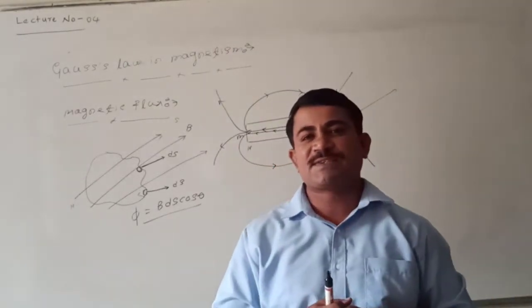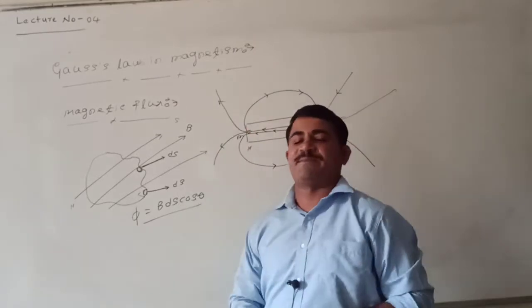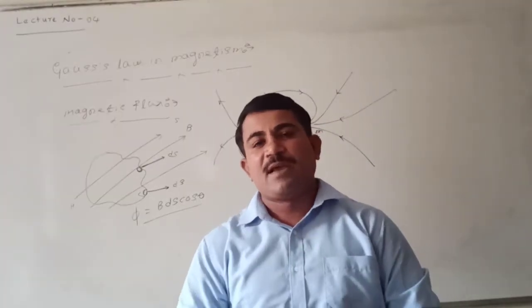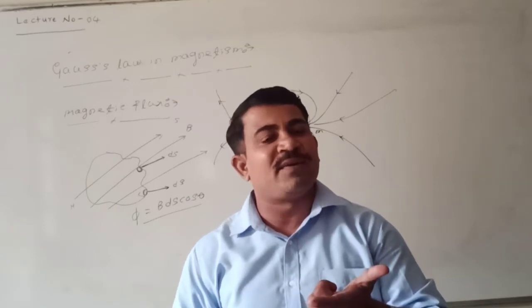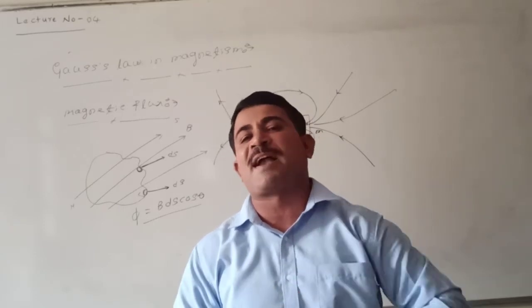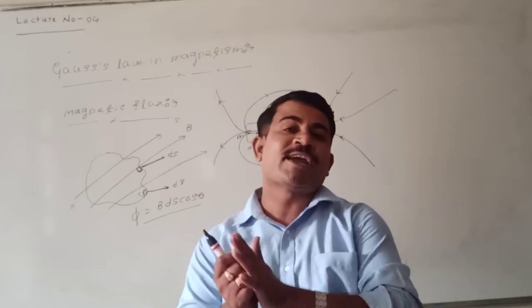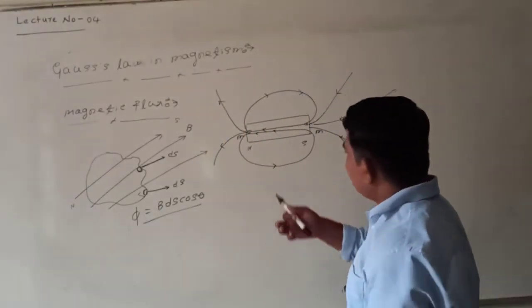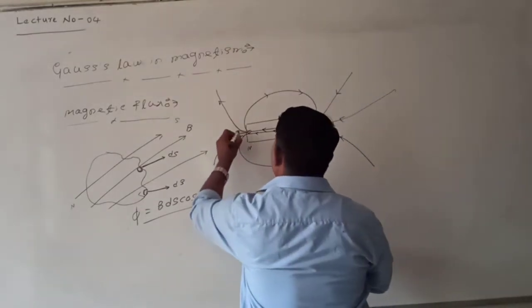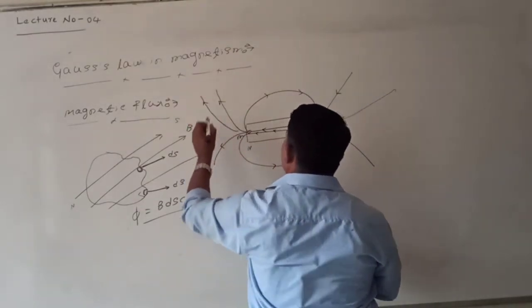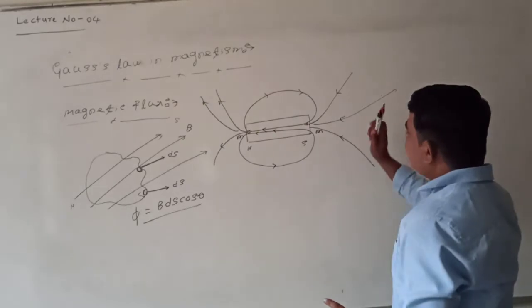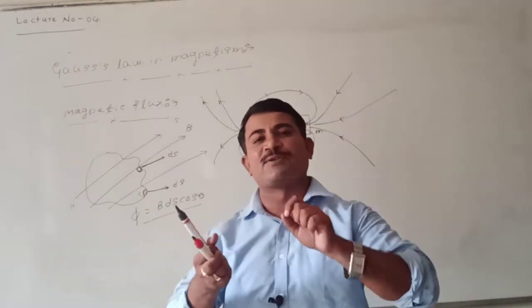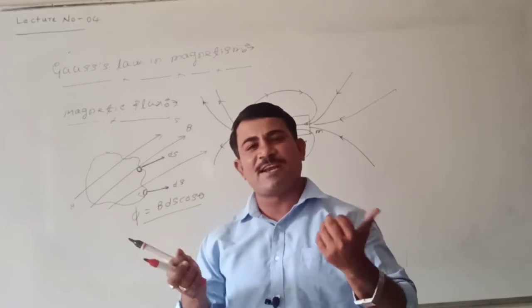My concept is Gauss law of magnetism. In Gauss law of magnetism, how will we take it? In a uniform magnetic field or in a non-uniform magnetic field, I will take a closed surface. These are nothing but a number of magnetic field lines travelling. In these magnetic field lines, I will take any imaginary closed surface, or a real closed surface.